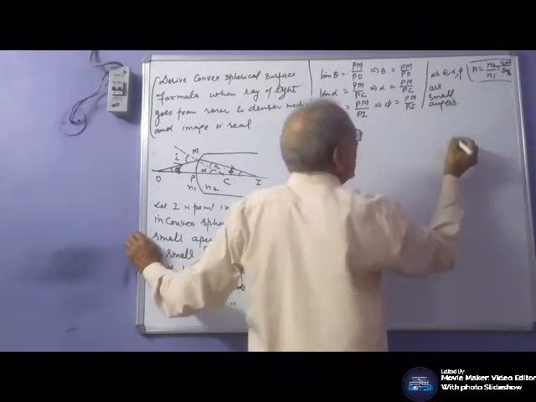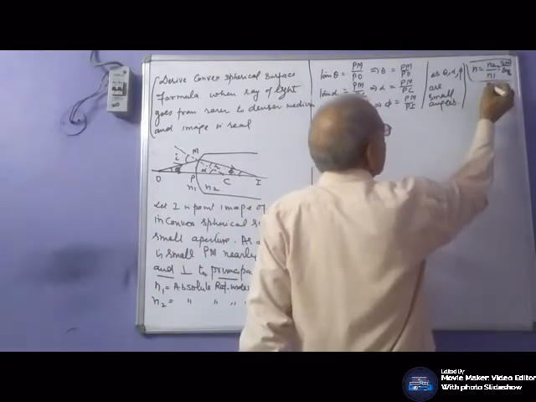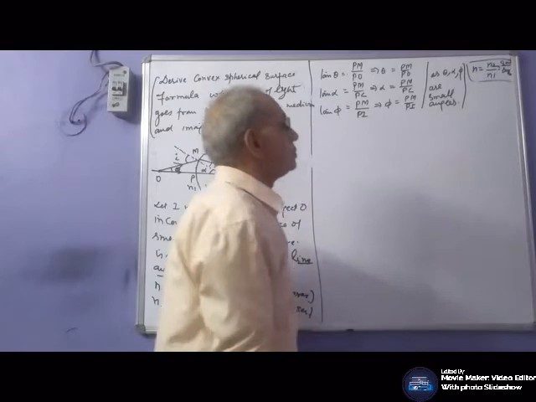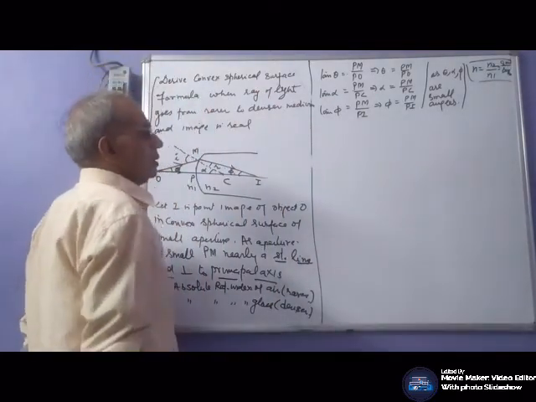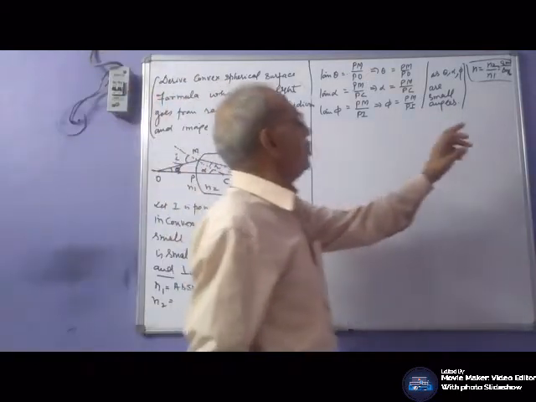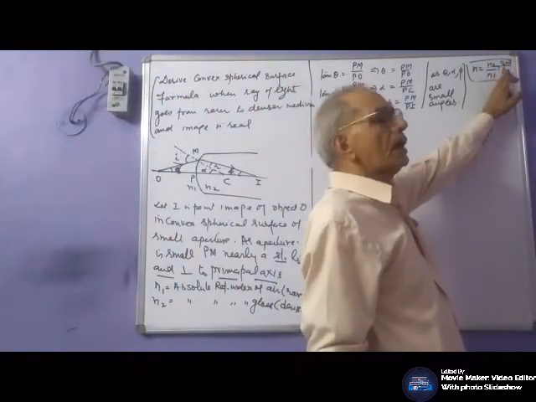Why are these small angles? Because of the aperture. What do I want to find? I and R.